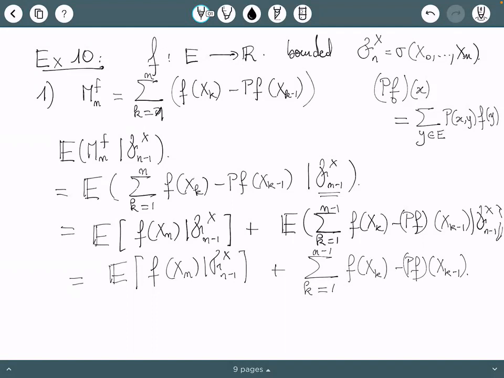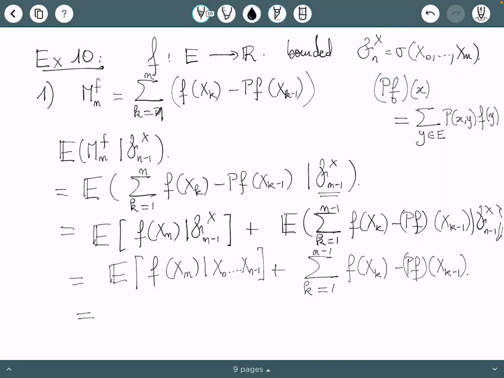And now it remains this first conditional expectation. If it is more clear for you, instead of writing like that, you can write it like that, the same as saying x0 to xn minus 1. It is a different notation because F_n^X is just the natural filtration. And you have to remember that Xn is the Markov chain. So what is this guy?